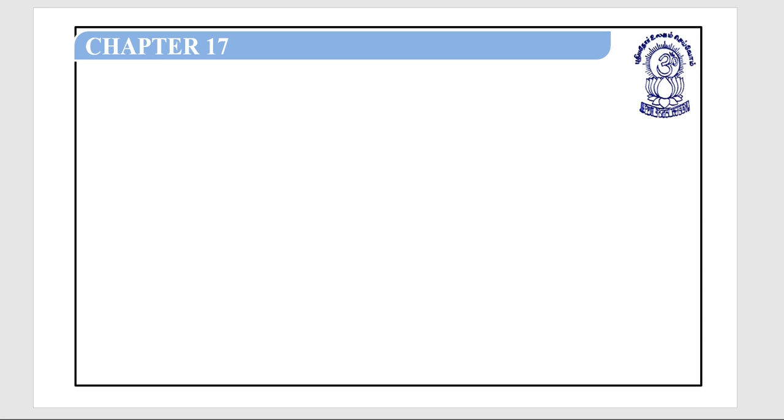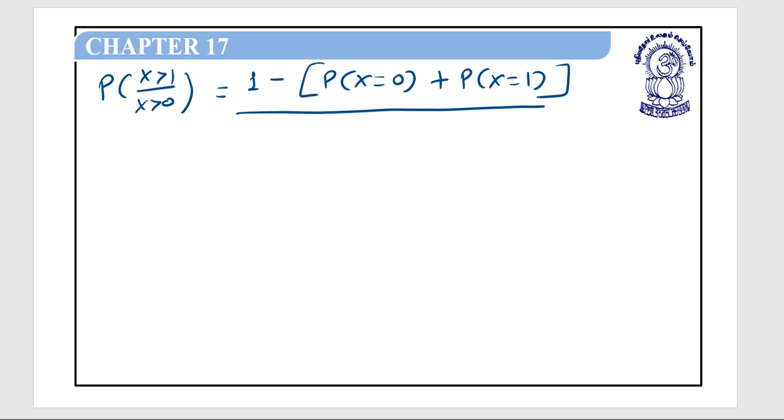Now put the values into the equation. Now probability of x greater than 1 given x greater than 0 is equal to 1 minus probability of x is equal to 0 plus probability of x is equal to 1, upon 1 minus probability of x is equal to 0. Put the value into this.